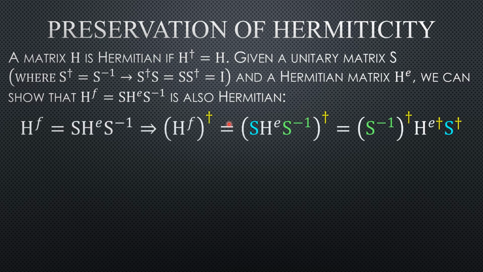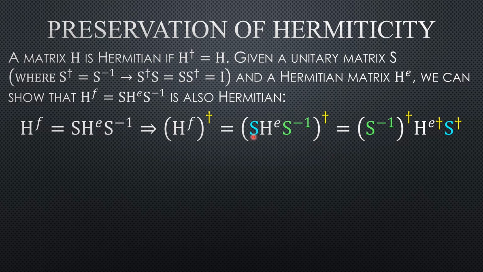So by using our definitions, if we have the similarity transform here, which we're now going to cascade to a unitary transform, and we decide to take the dagger since that's the hallmark of the Hermitian property, we know that the dagger of the product is equal to the product of the daggers, but in reverse order. Okay, thank you, transpose property.